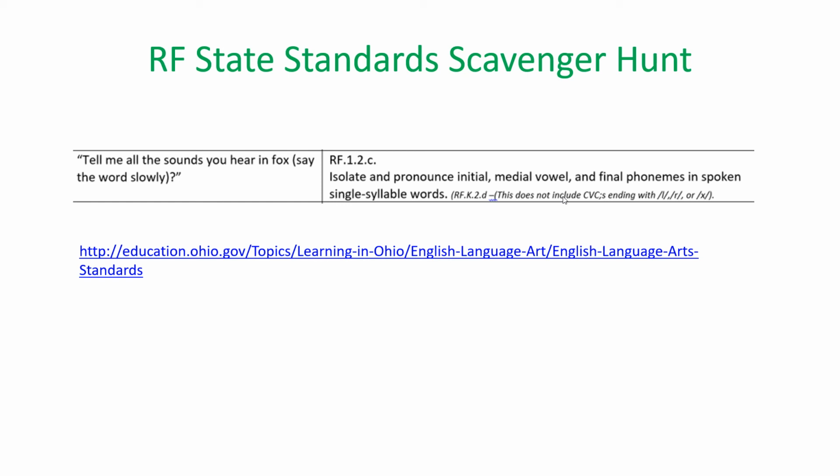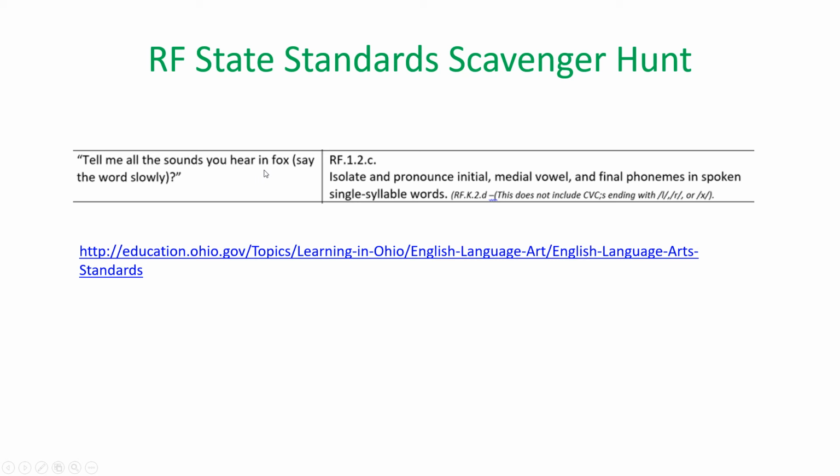So we're looking in the kindergarten standards, but let's say you looked at all the kindergarten standards and you wanted to teach kids how to isolate the middle sound in words. And you found that, you know what, in the kindergarten standards under Reading Foundations, they don't actually ask kindergartners to do that. And they don't, because it's really hard, right?